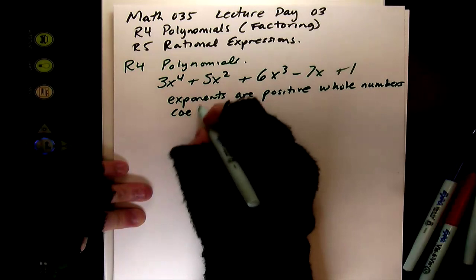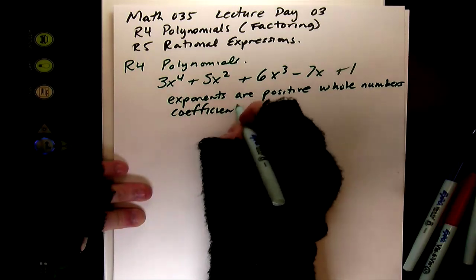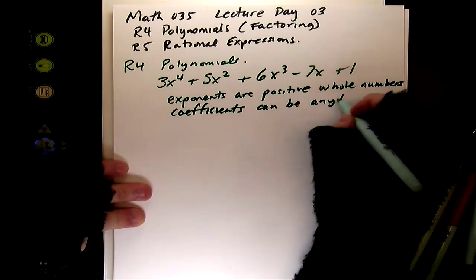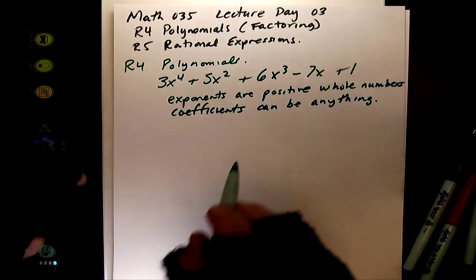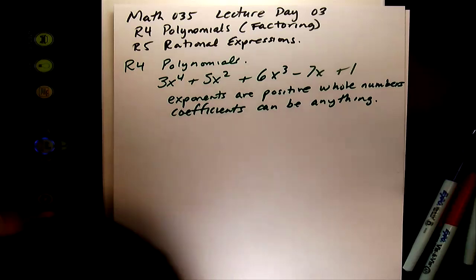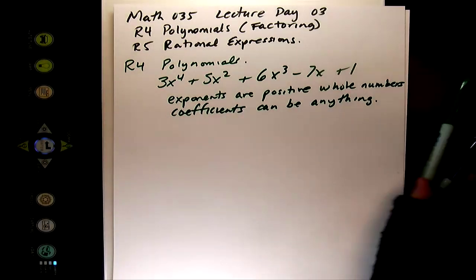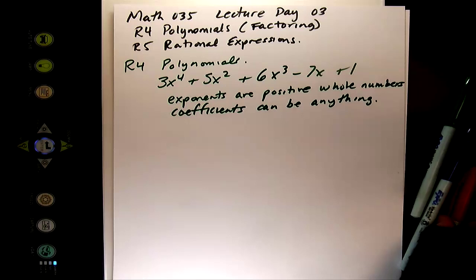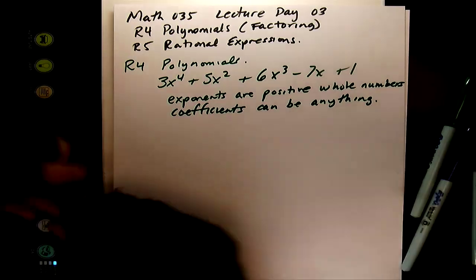Coefficients can be anything. I can have square root of 3 times x to the fourth, and that's a valid polynomial. Poly just means many.